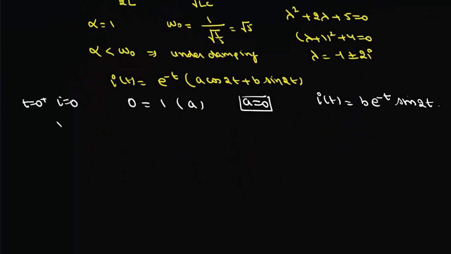Now we know that at t equals 0 positive, voltage across inductor is 20 volts, and this is L di by dt.